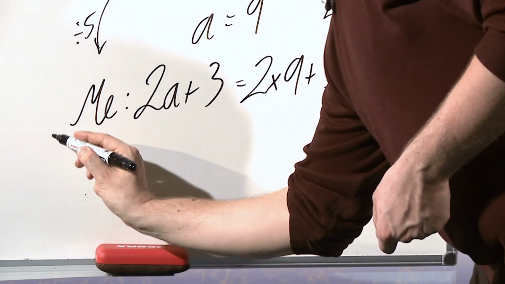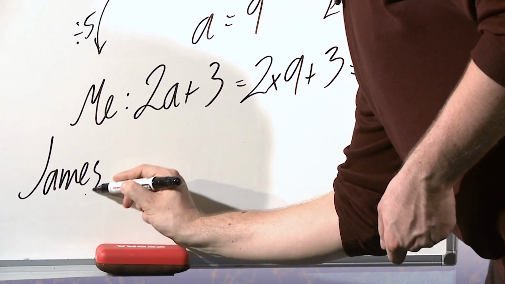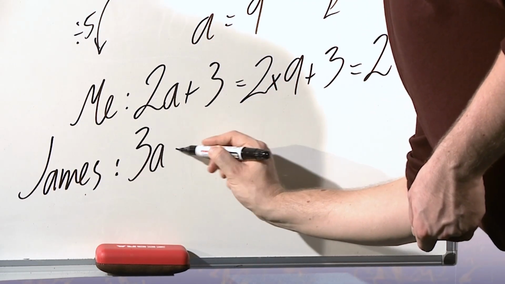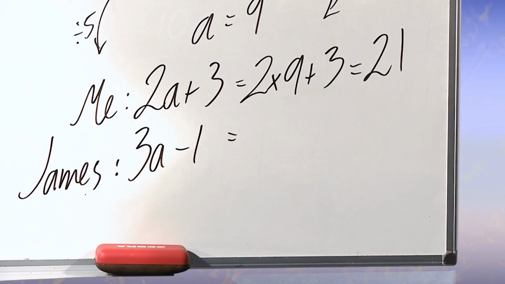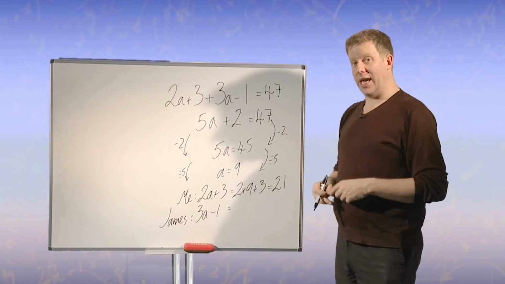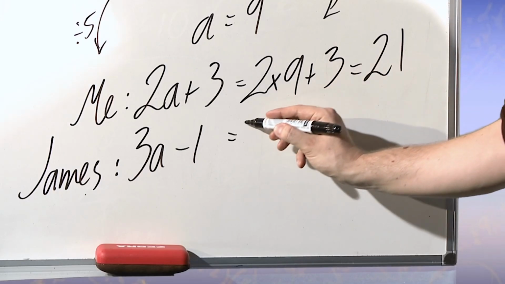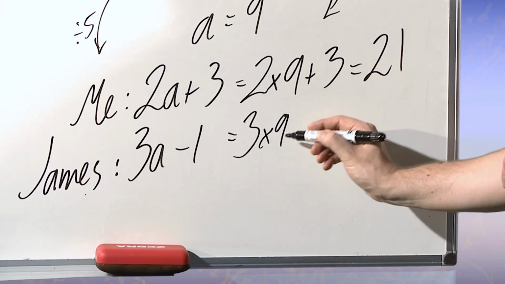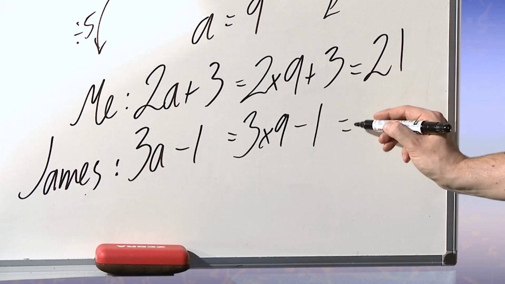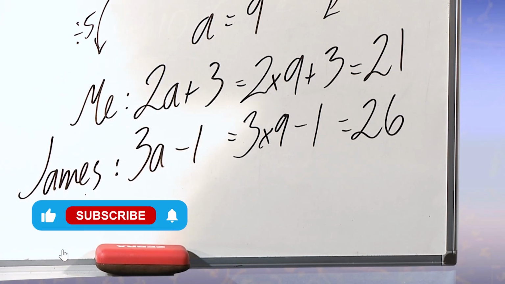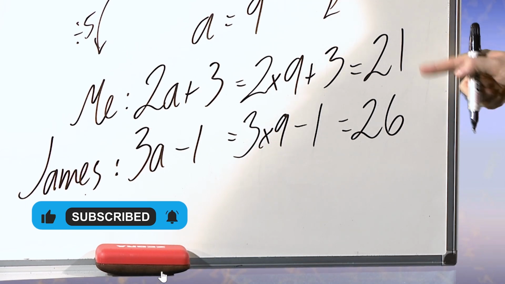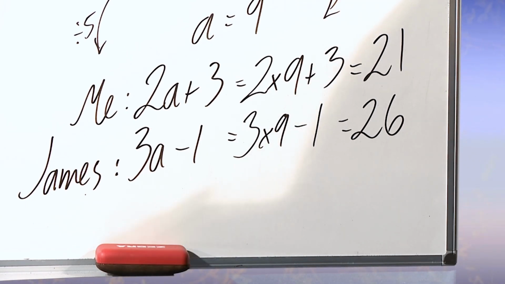James, on the other hand, had 3a minus 1. Substituting in a as 9, gives me 3 lots of 9, subtract 1, which is 26. And we can always check if we've got it right, because 21 add 26 gives me the 47 marbles.